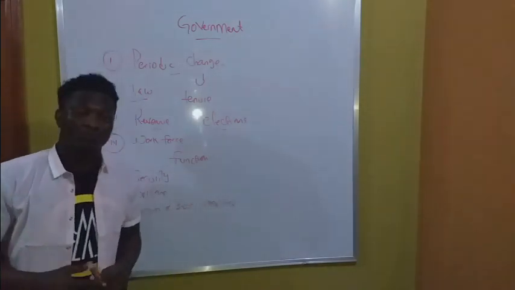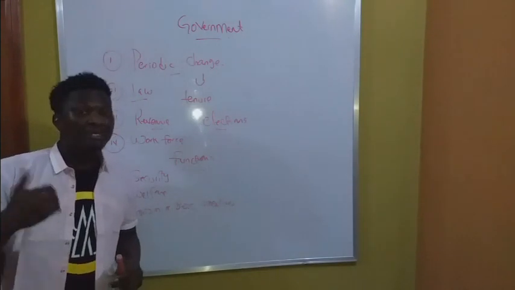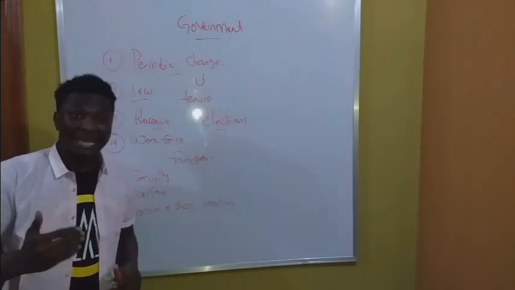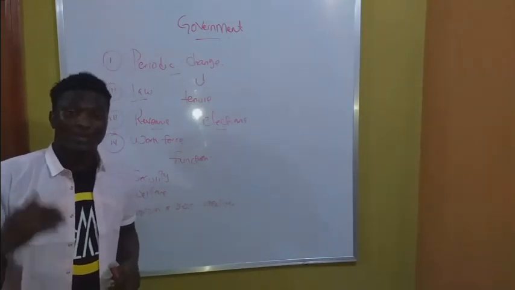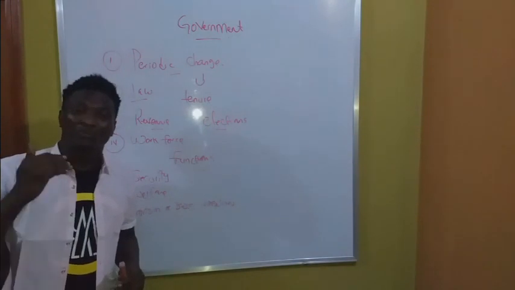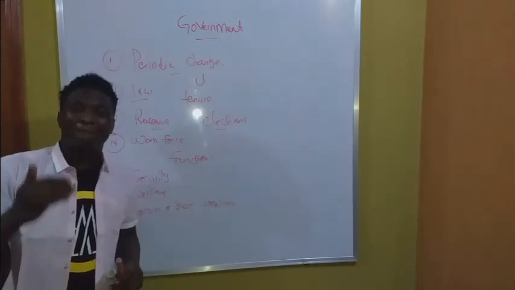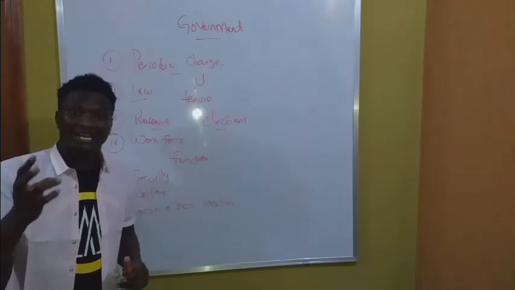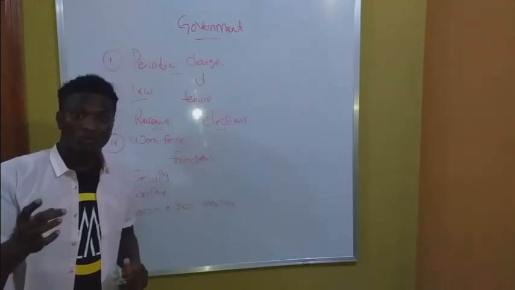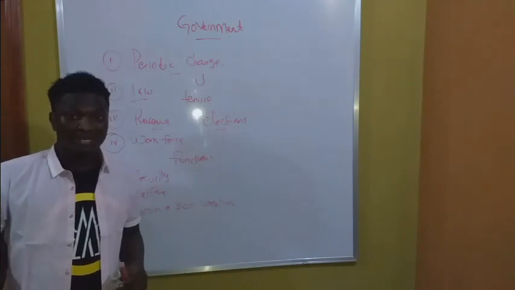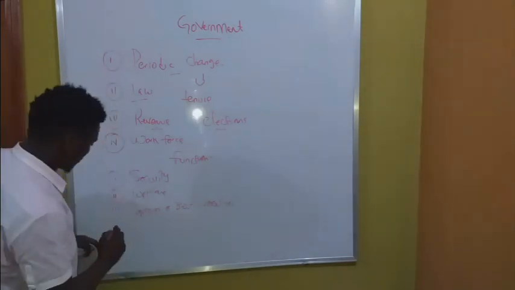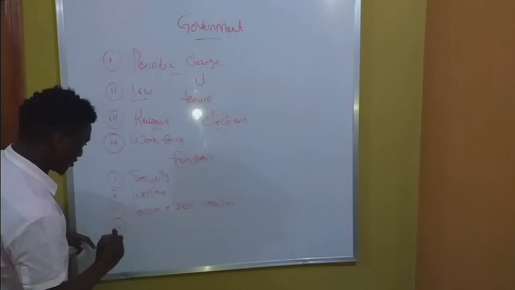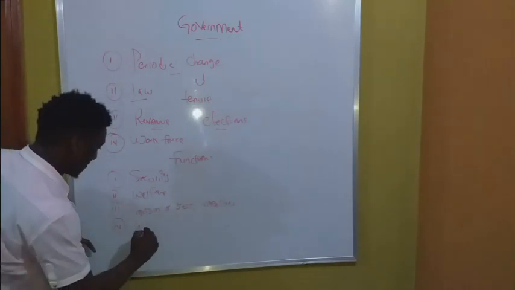Government must ensure that its people, at all times, are taken care of. Government must always provide and attend to the basic requirements of its people, talking about food, shelter, clothing, among many others. Number four, responsibility of government, law making.